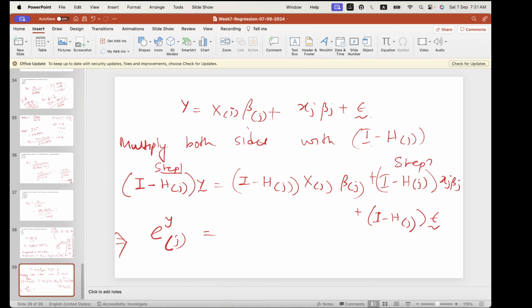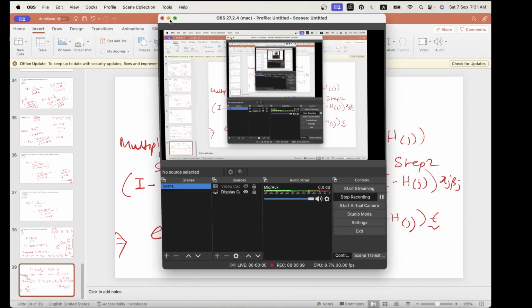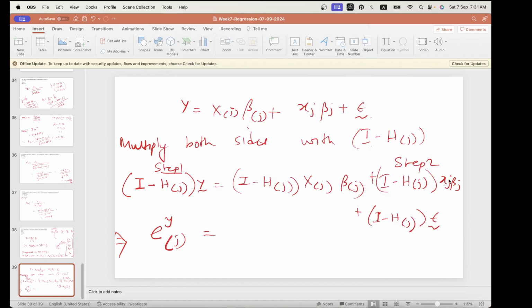This is step 2, when xj is regressed on the other variables.